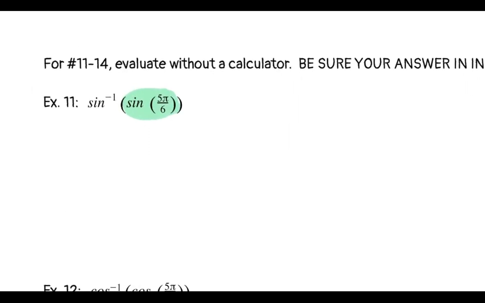So if we take a look at number 11, my next line, I'm gonna write inverse sine, and then you're gonna tell me what is sine of 5 pi over 6, and I'm gonna replace that inside the parentheses. So using your unit circle, find sine of 5 pi over 6.